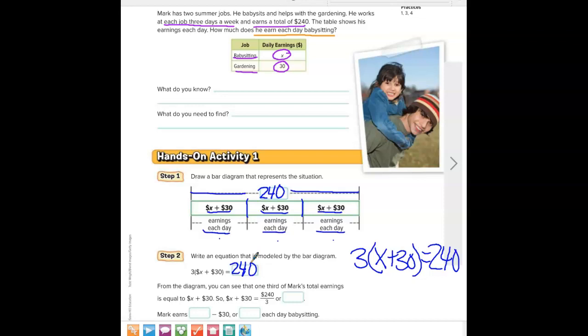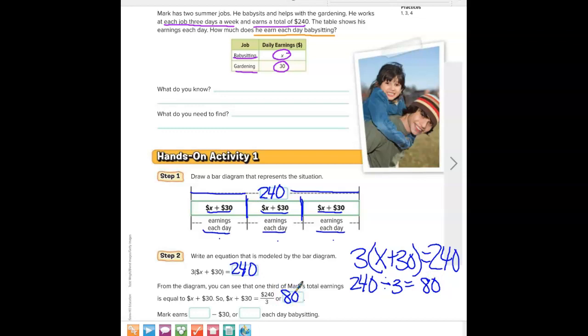Where they're getting that is if I split the total earnings into the 3 days, in other words, I took 240, the total earnings, divided by the 3 days he works, I would get $80 per day. So he is earning $80 per day, both babysitting and gardening.